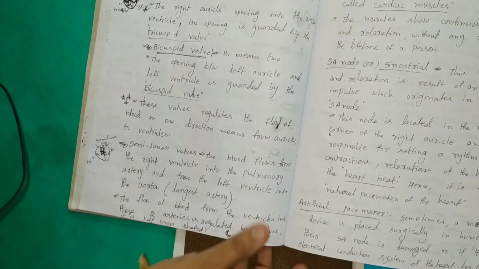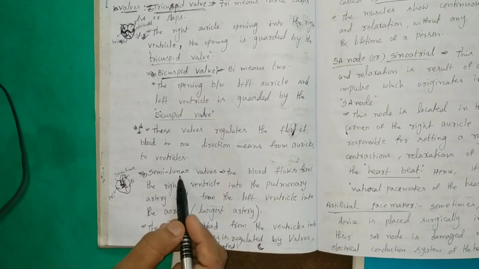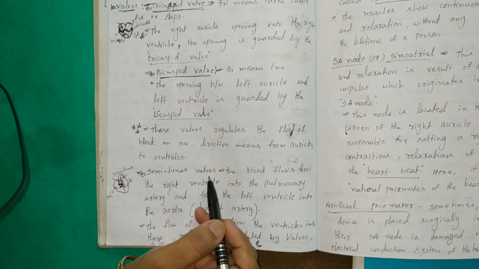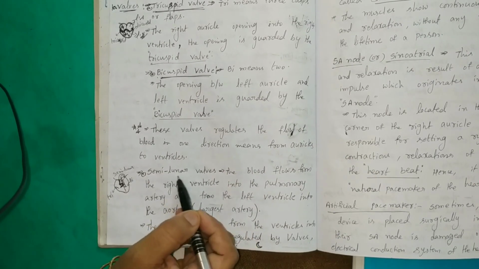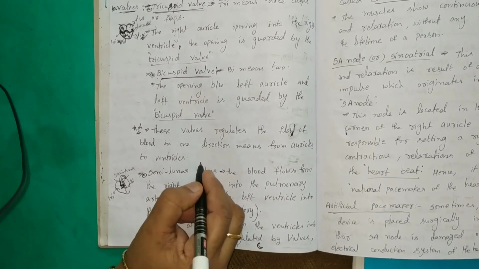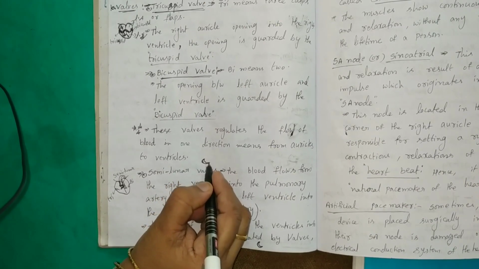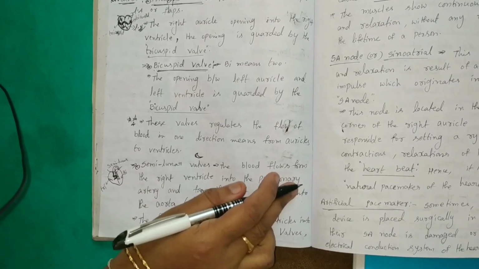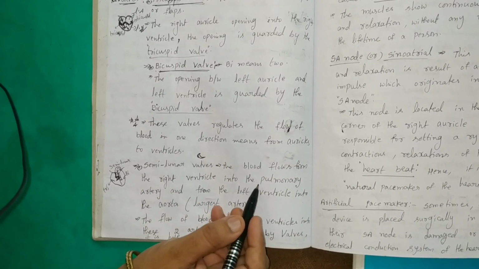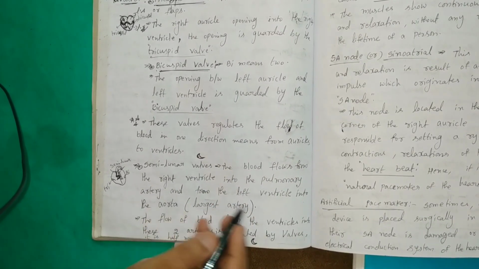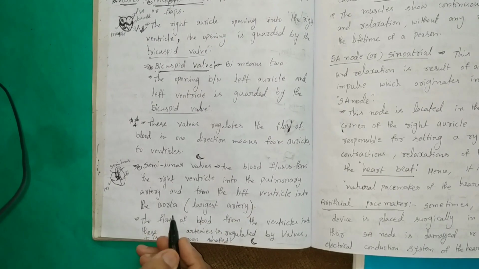Next, semilunar valves. Where are they present in the heart? Semilunar means half moon, just like a half moon. So the blood flows from the right ventricle into the pulmonary artery and from the left ventricle into the aorta.